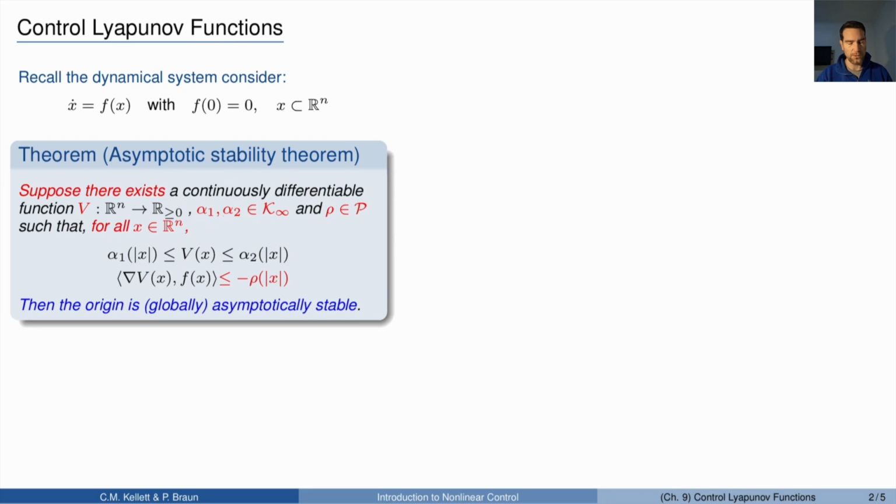And additionally, we need two K-infinity functions and a positive definite function to ensure that these two conditions here are satisfied. The first one simply means that the function V is radially unbounded, and the second one means that the time derivative of the function V along solutions is strictly decreasing until the origin is reached, and that then implies global asymptotic stability in this case.